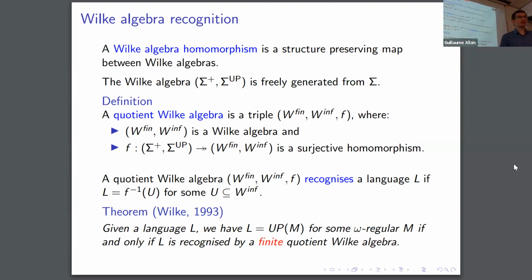Does U more or less represent the final states? Which U? The U that you take the pre-image of. So you're saying that L is recognized if it is exactly the pre-image of U by the quotient? Yes. So does that mean that U is more or less equivalent to the final state we were talking about?